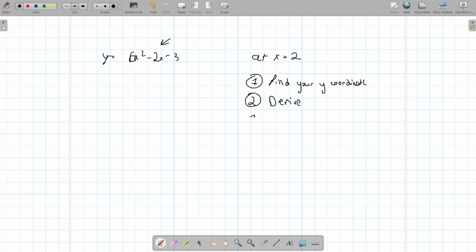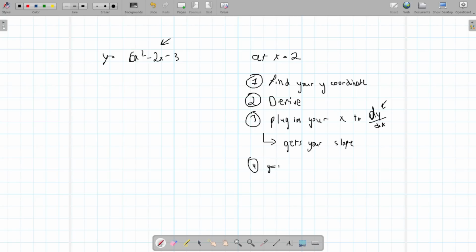And the third thing I told you is plug in your x into dy over dx, which is your derivative. Why? Because that gets you your slope. Then you find your b, then it's y equals mx plus b, right? You find your b by just substituting.